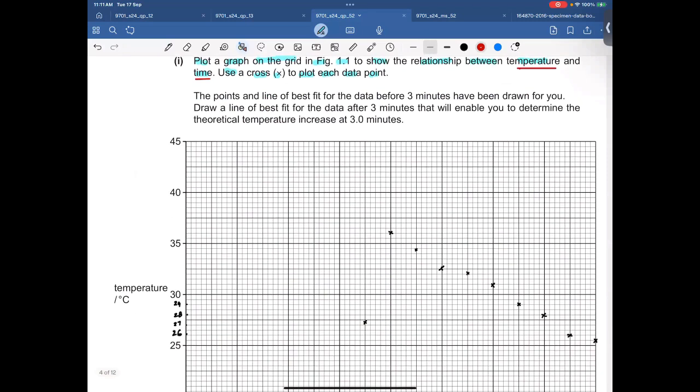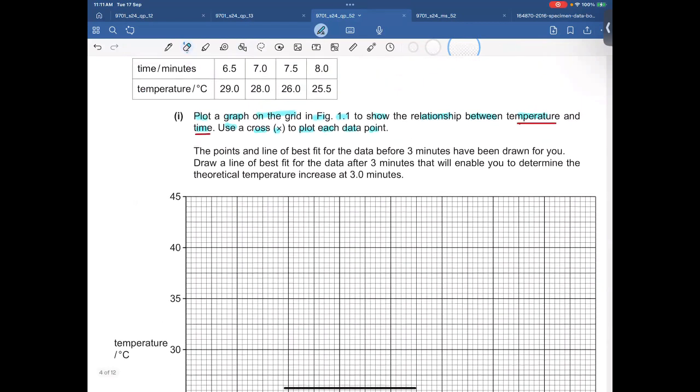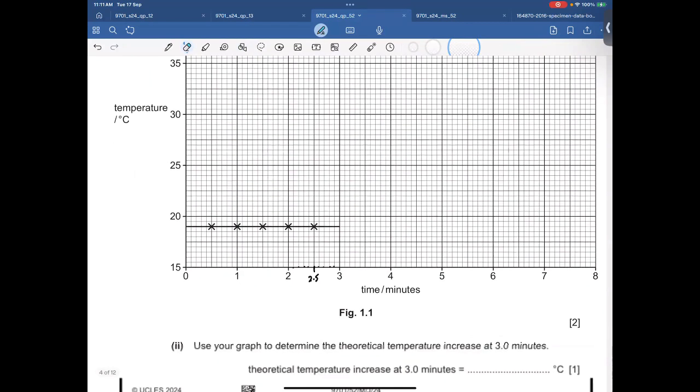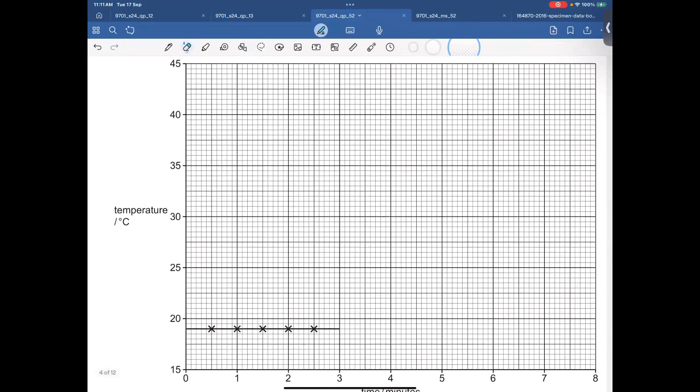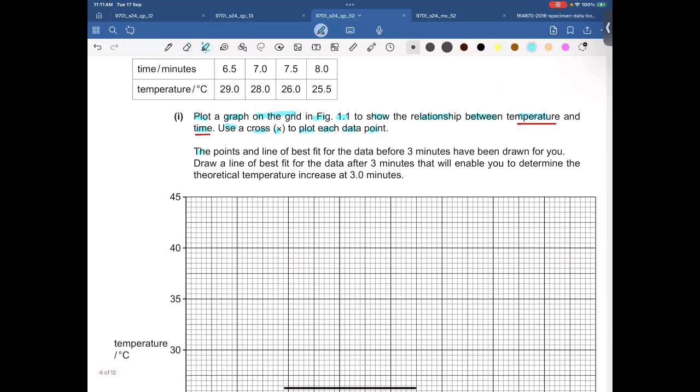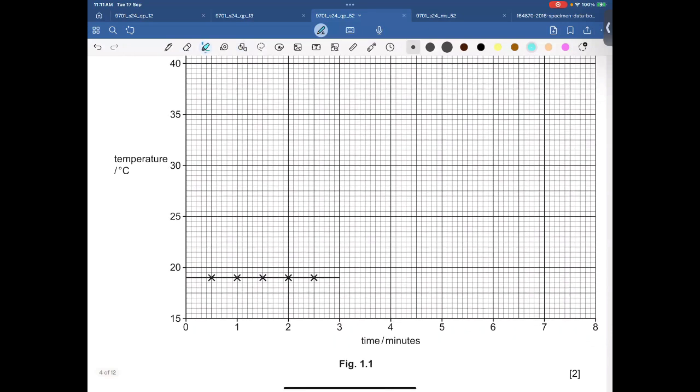Temperature has to be on the y-axis, which means it is the dependent variable, and time has to be on the x-axis, which means it is the independent variable, right? The points and lines of best fit for the data before 3 minutes have been drawn for you. And why it is constant so that it will equilibrate with the room temperature.